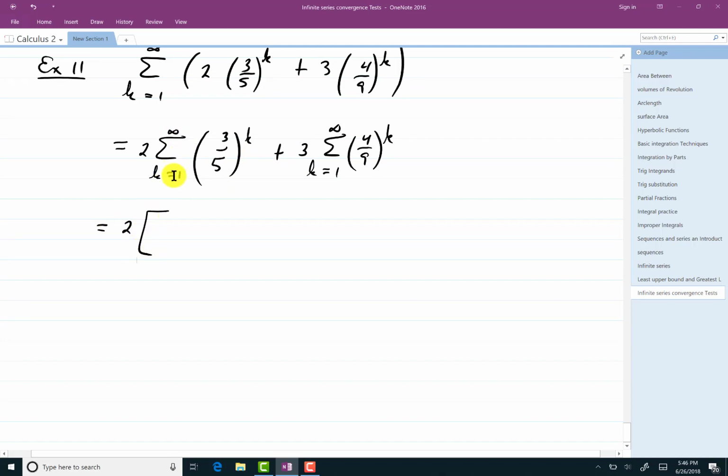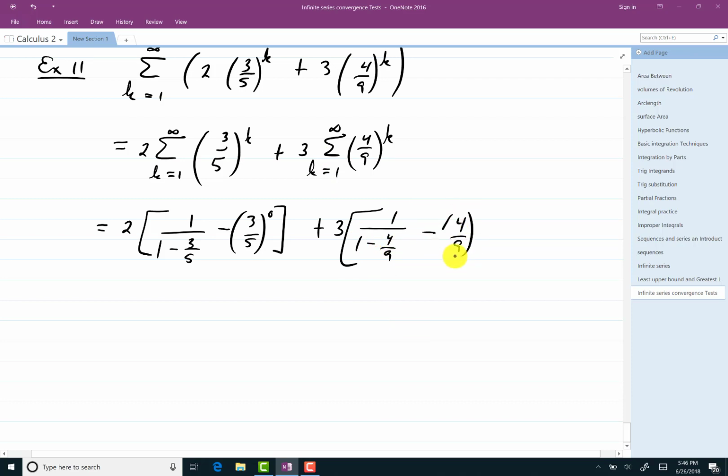Remember, I'm not starting at 0, so I can't use the formula directly, although I can start it at 0, and then I subtract off 3/5 to the 0, which is always going to be 1. And I'll have plus 3. Same deal as before, since it starts at 1, I'll have 1 over 1 minus 4/9, minus 4/9 to the 0.